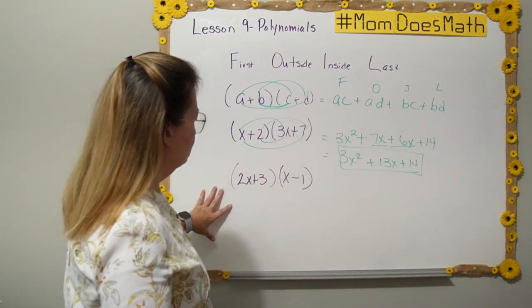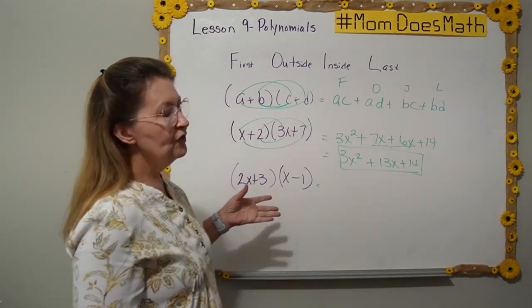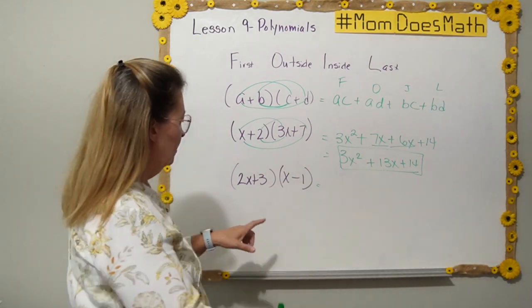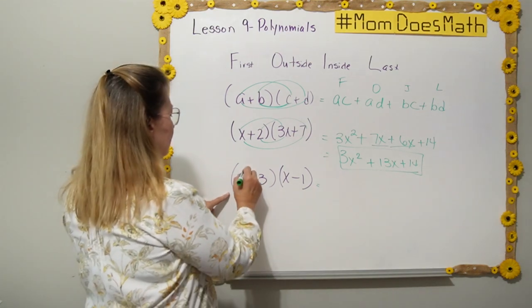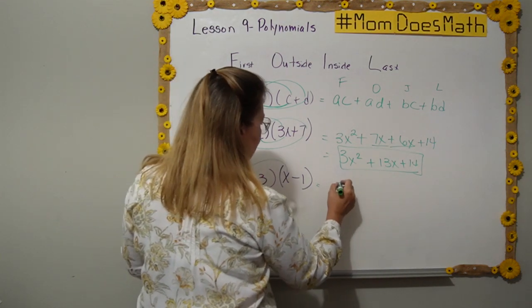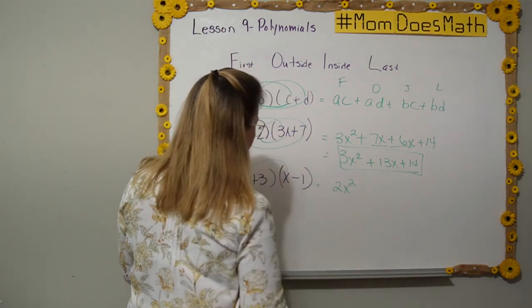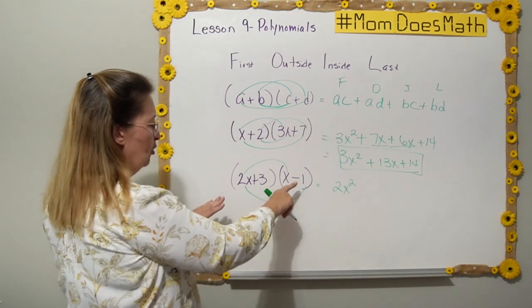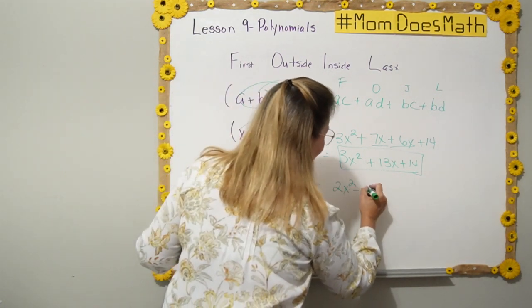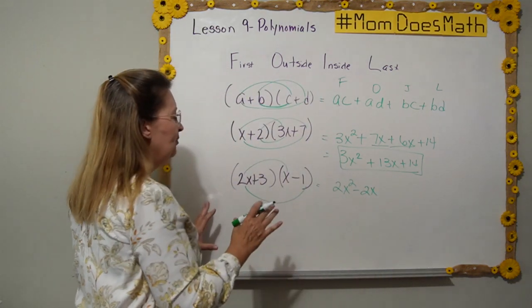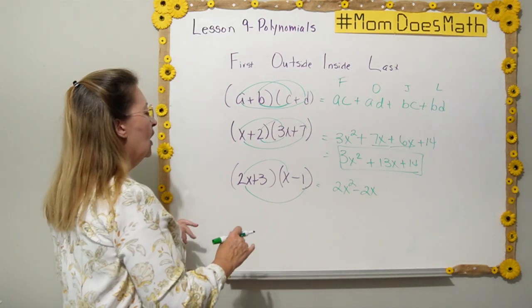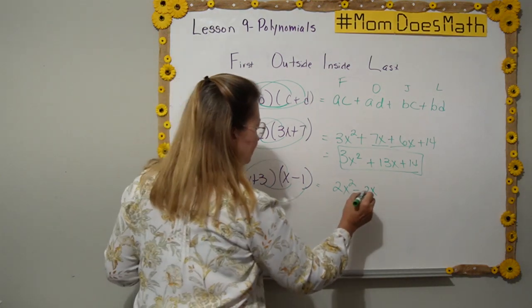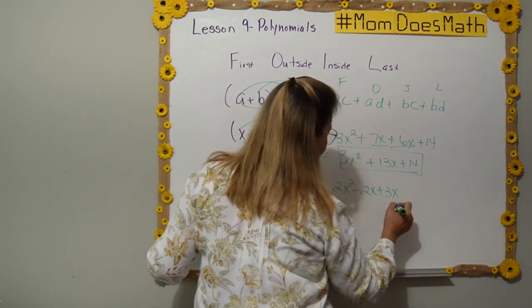All right, let's look at this one. Now in this one, you've got to watch your signs because that affects your answer. So FOIL, F: 2x times x is 2x squared. All right, my outside: 2x times negative 1 or minus 1 gets me minus 2x. That's what I mean about watching your sign. All right, I is the inside. 3 times x is positive 3x.